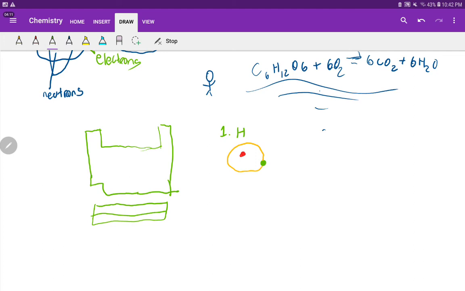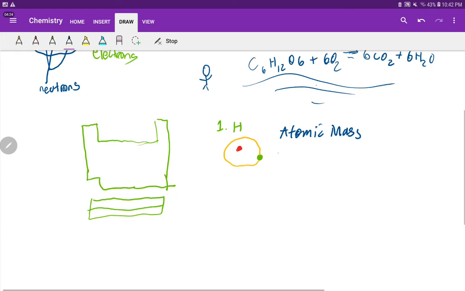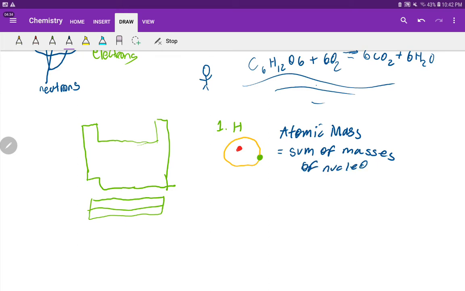Okay, so let's first define a quantity called the atomic mass. The atomic mass of a single atom is equal to the sum of the masses of all nucleons. So, what is a nucleon?